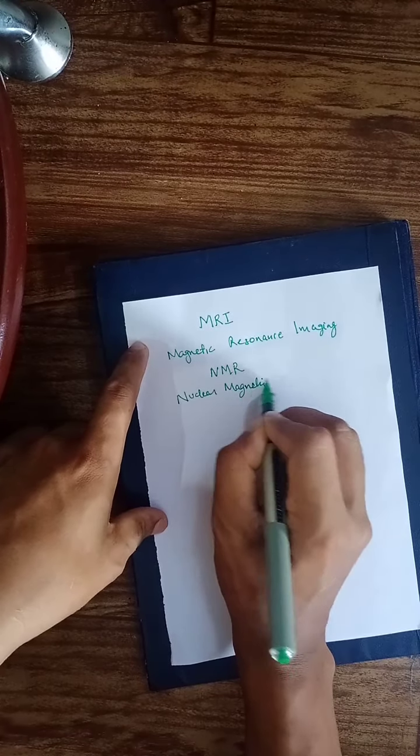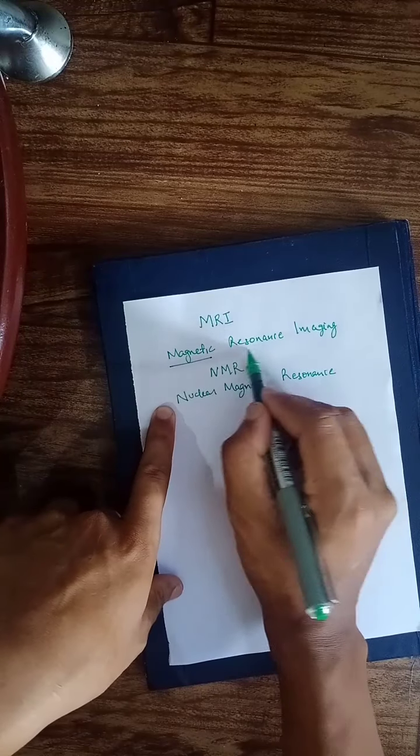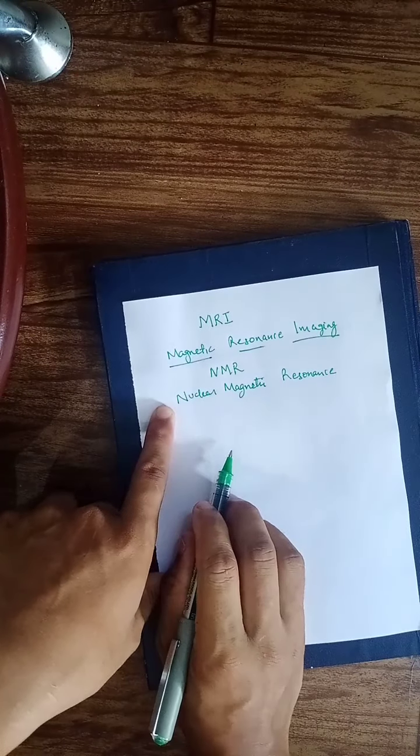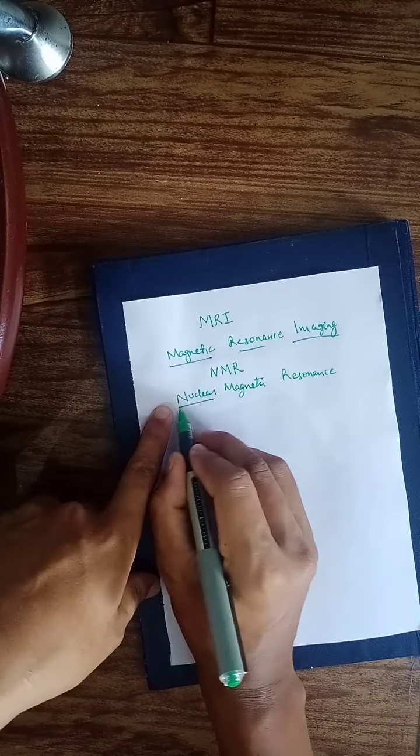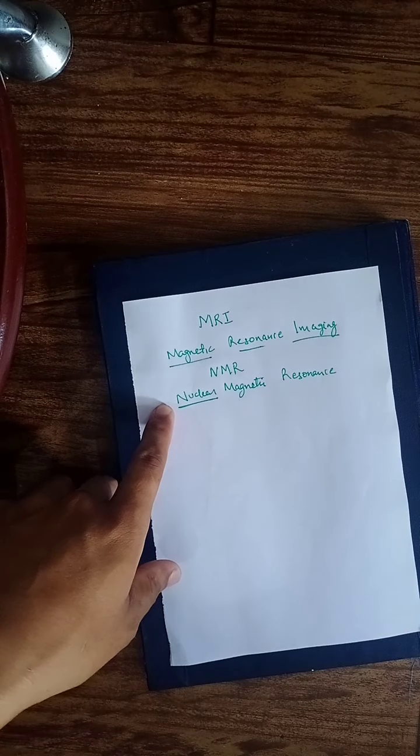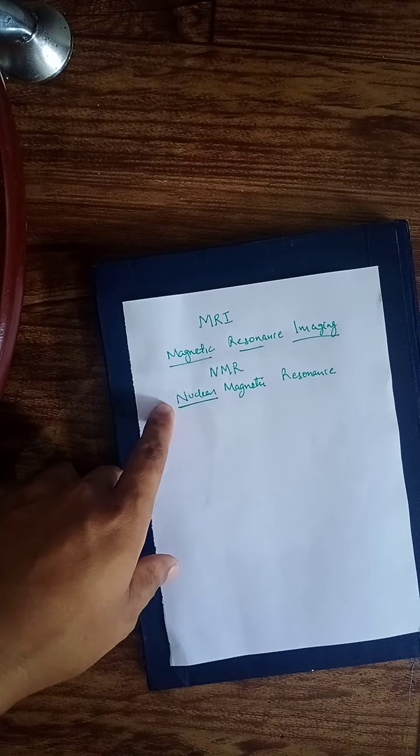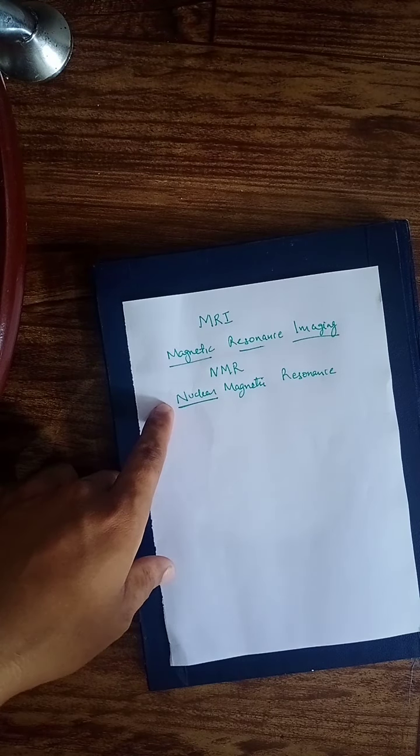So let's discuss how the name nuclear was dropped, because now we call it magnetic resonance imaging. Before, the word nuclear was used, so it was a new instrument for health.